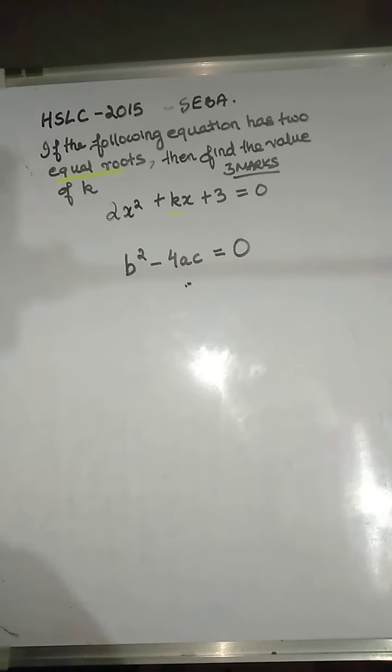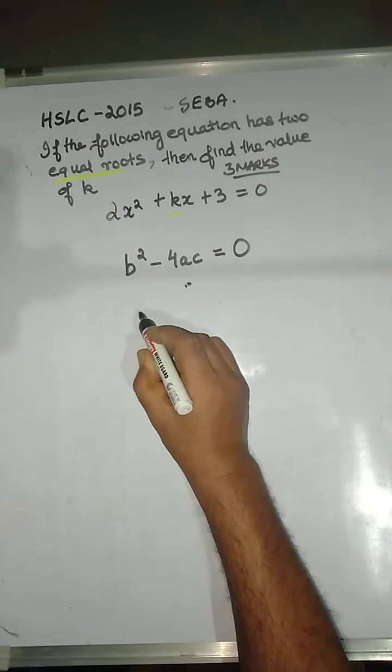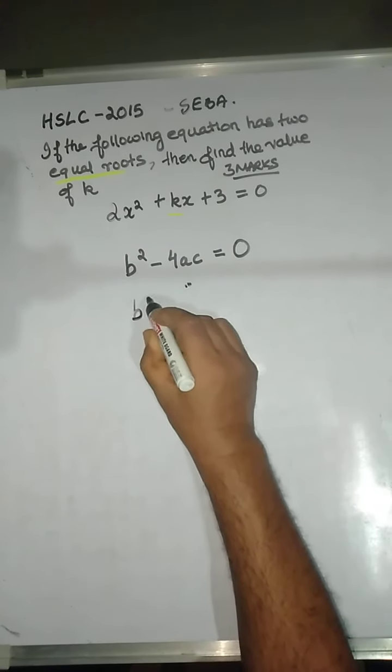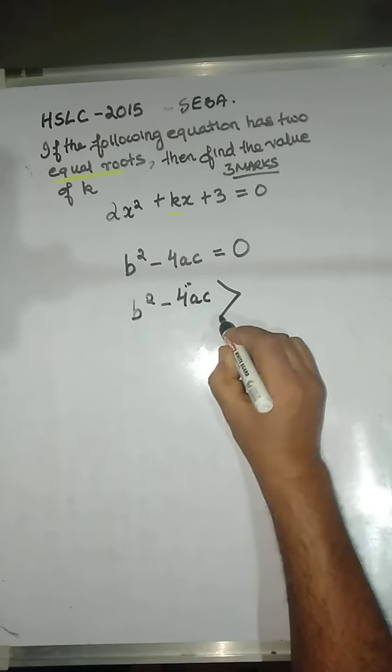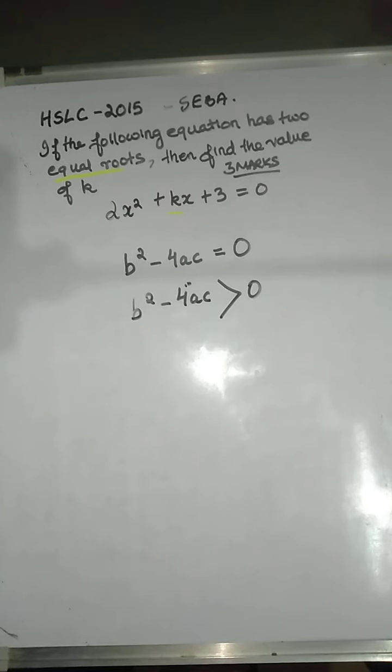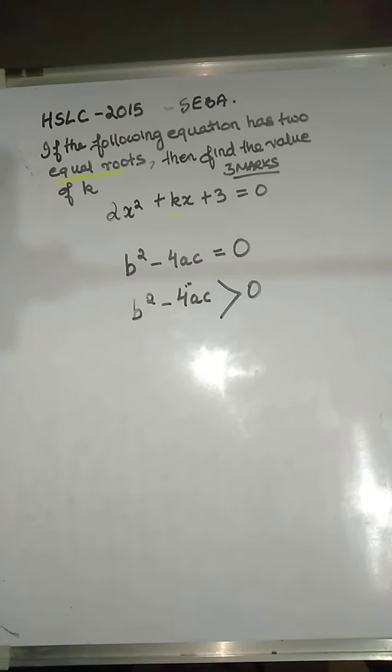But what is the discriminant in a quadratic equation? Now, before we go to that part, if your discriminant b squared minus 4ac is greater than 0, then the roots will be two distinct real roots, means two roots, but they are of different values.